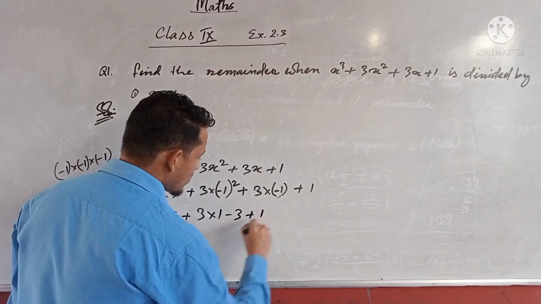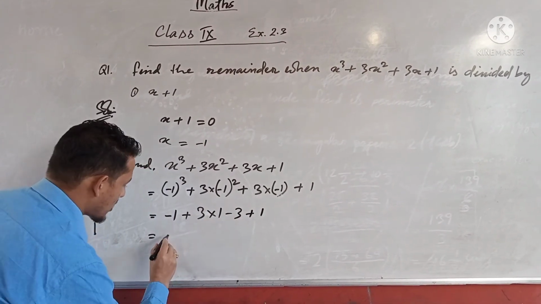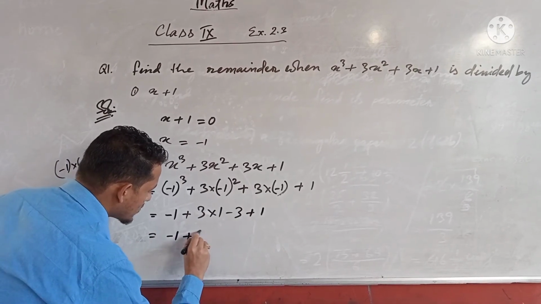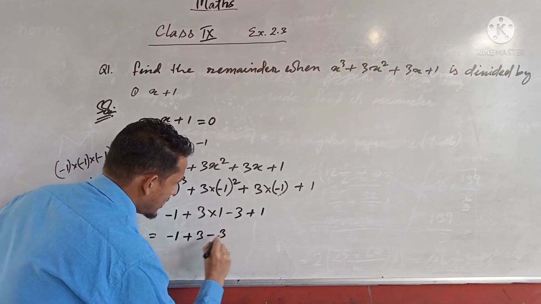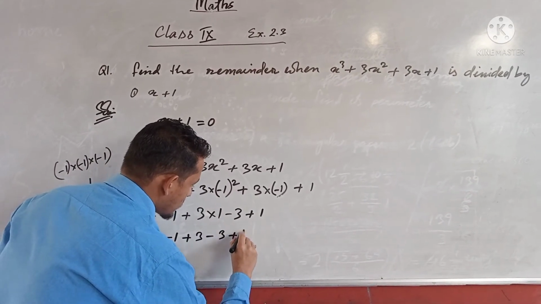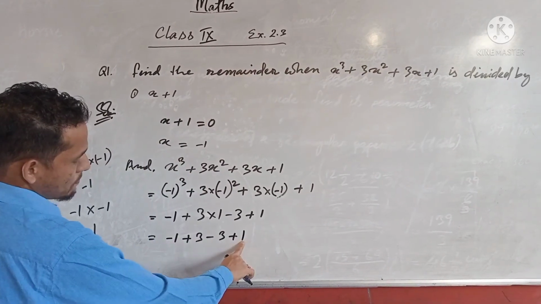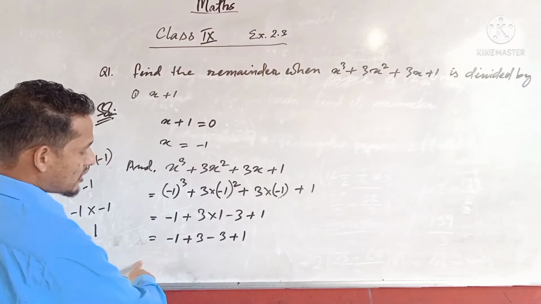Then plus 1. Now once more we will multiply this, after that we will solve. Minus 1 plus 3, 3 into 1 is 3, minus 3 plus 1. Now look here, this and this are the same, one is minus and one is plus, so you can cancel both.